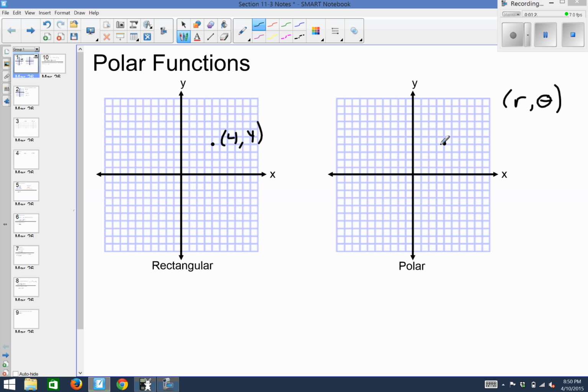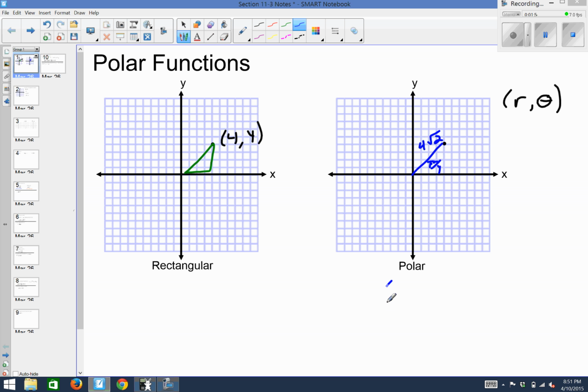So here, I would need to know how long this piece is, which, if my rectangular coordinates are 4 and 4, is 4 radical 2, by the Pythagorean theorem. And because it would make an isosceles triangle here, this would be a 45-degree angle, but again, we always deal with radians, so this would be pi over 4.